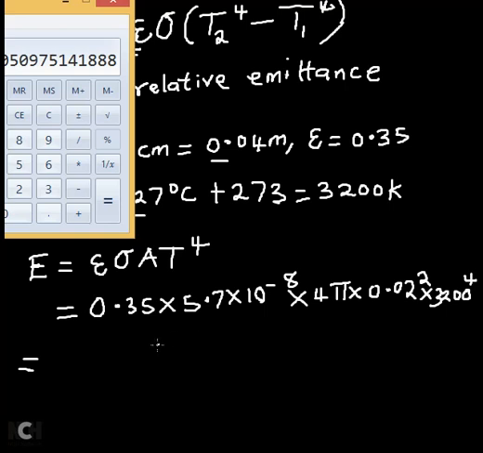So I'm having 10509. It's just a long digit, but by multiplying by 10 power minus 8, I have to move the decimal point 8 times backward: 1, 2, 3, 4, 5, 6, 7, 8.